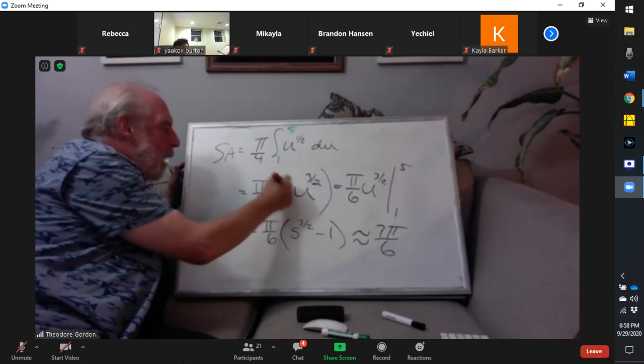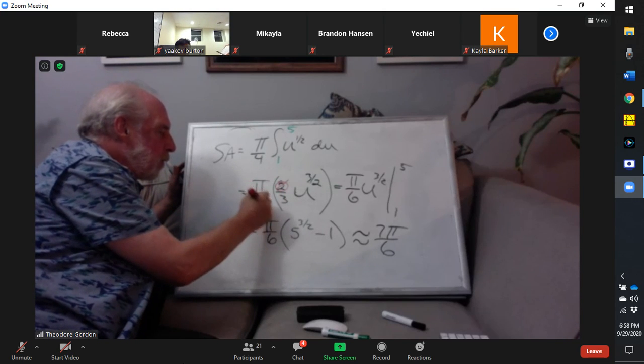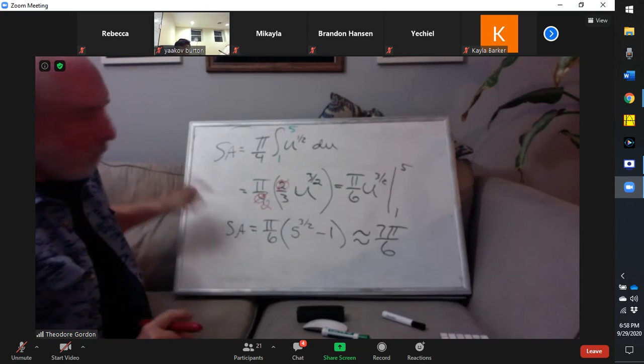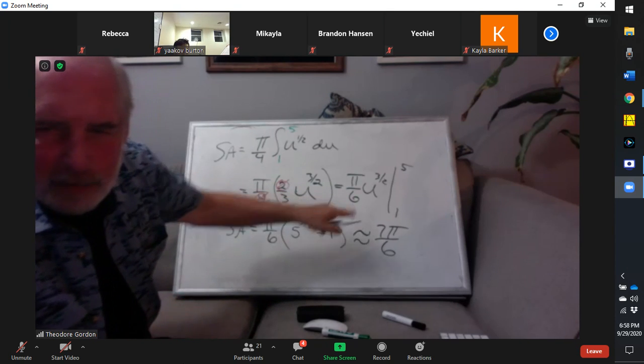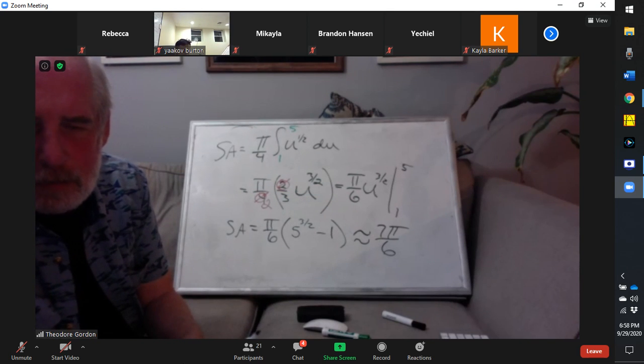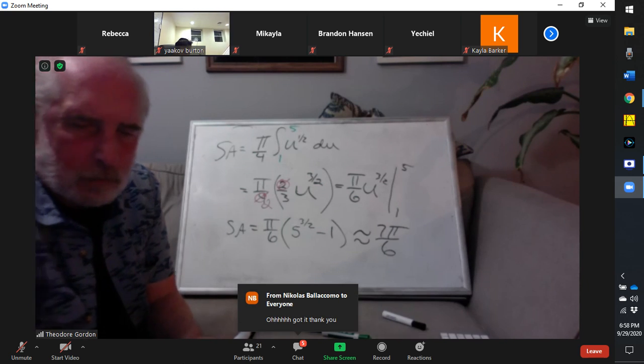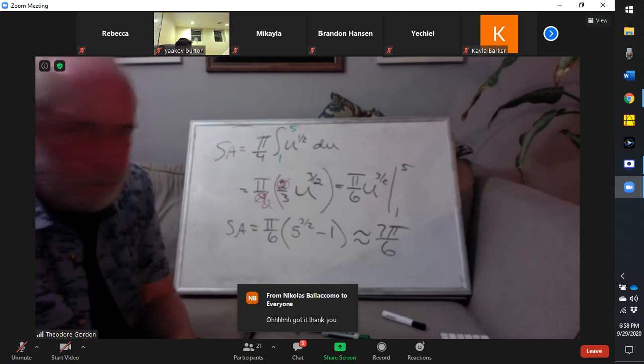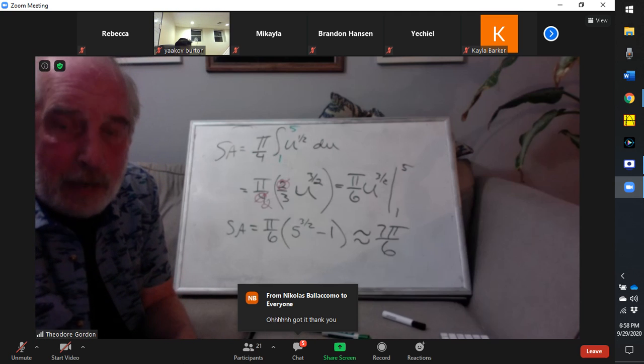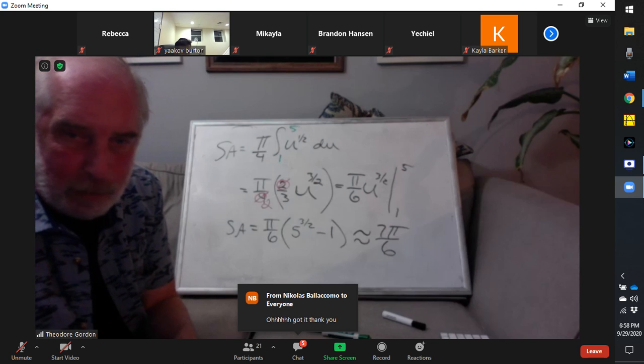This 2 on top canceled out one of the 2's down here and left me with a 2. And then 2 times 3 gave me that 6. Okay with that? Fractions, right? They always, the F word of math, they always trip us up.